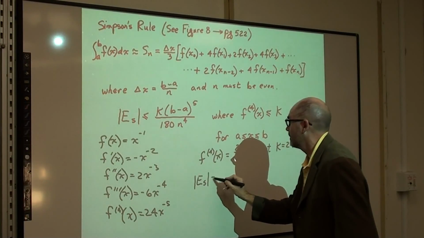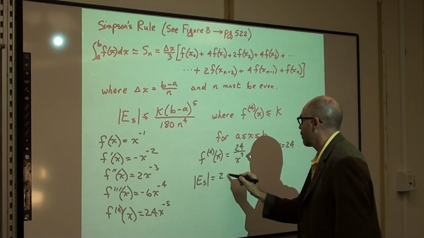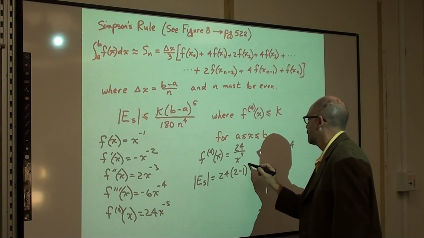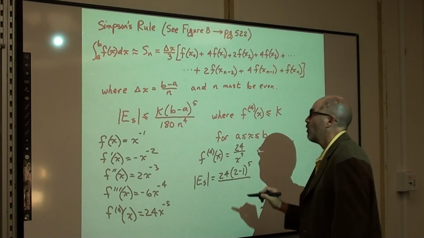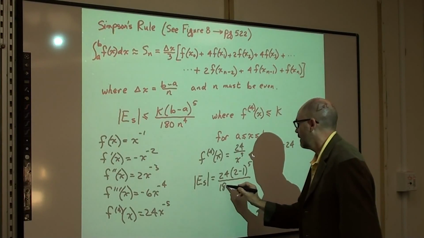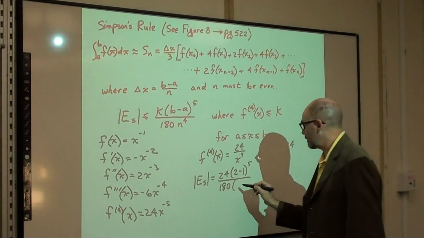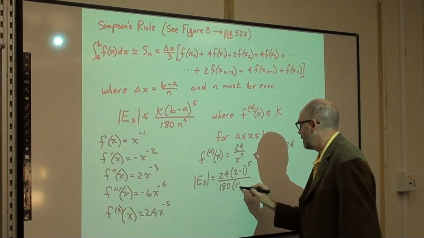Okay, so now our error for Simpson is going to be 24 times (b minus a) to the fifth over 180 times n, which remember we took 10 rectangles this time, so it's going to be 10 to the fourth.